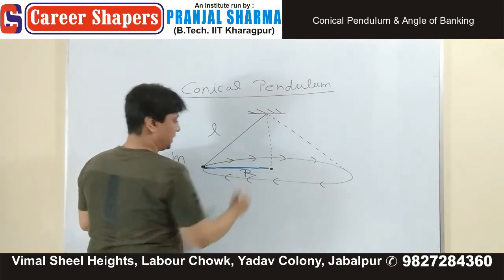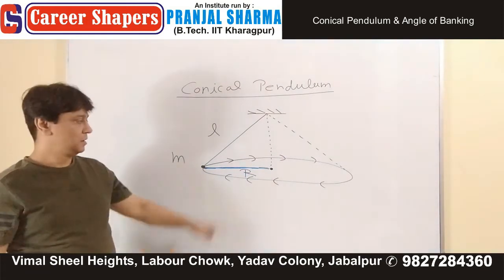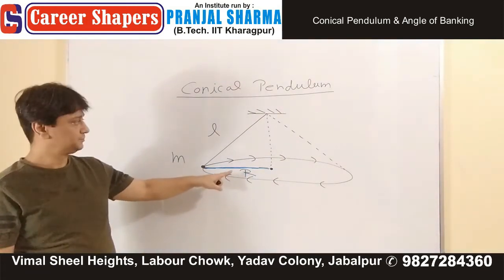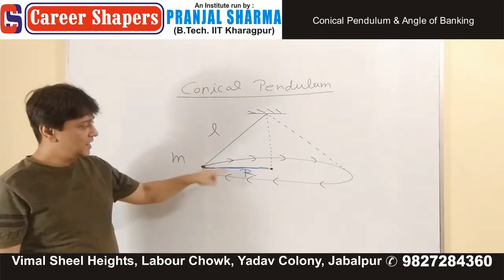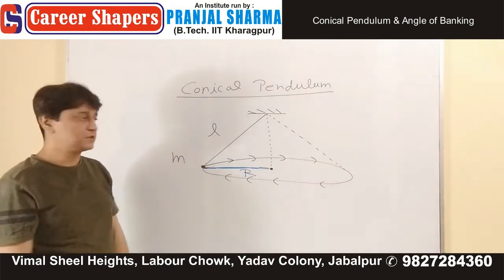This radius is what? Is R. I hope everybody can see this. Length of rope is L, length of radius of the circle is what? R.